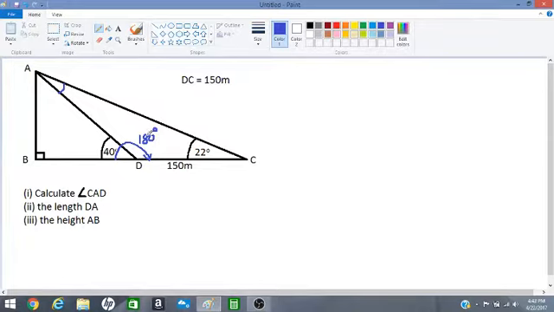So we can go ahead and subtract 40 from 180, and that will give us 140. So therefore this angle will be 140 degrees.